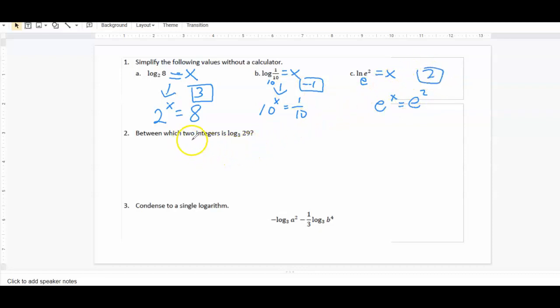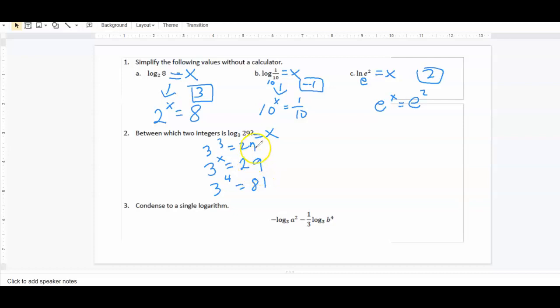Okay, all right. In between which two integers is that? I'm going to set that equal to x, just like what we've been doing, and convert to exponential form. So I get 3 to the x power is equal to 29. Now I'm going to find 3 to what power is just before 29 and just after 29, and x is going to be in between those two exponents. All right, 3 squared is 9, 3 cubed is 27, and 3 to the fourth power is equal to 81.